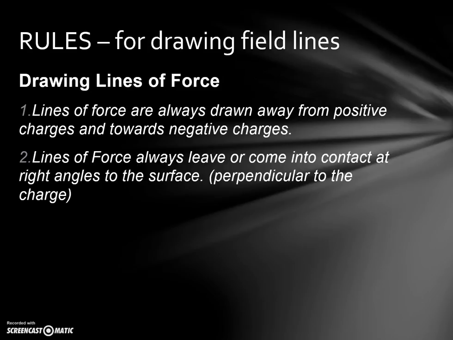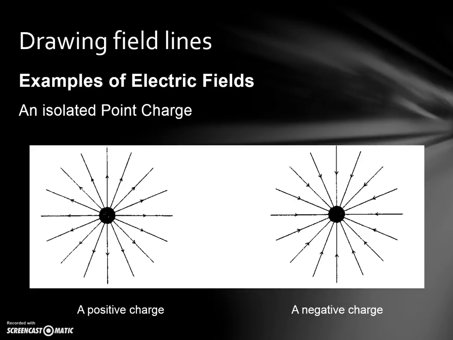So if they're coming out of a circular charge, they're going to be perpendicular to the edge of the charge. They're always going to come out at right angles. So if we're talking about a flat plate being charged, then the lines are going to come directly straight out of that plate. They're always going to be at 90 degrees. And the lines of force can never cross each other. You'll notice when we show some examples that the lines are never crossing.